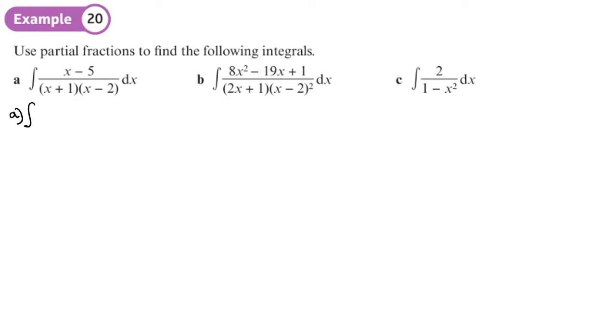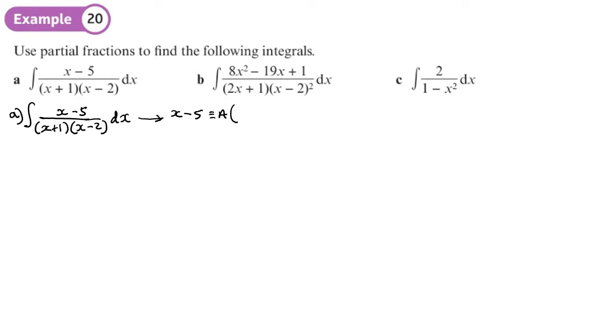So the first one, we've got x minus 5 over x plus 1 x minus 2 dx. So we're going to convert that to partial fractions. So we're just going to take that expression that's there, and we want to write it in the form A. Now we can speed things up a bit.